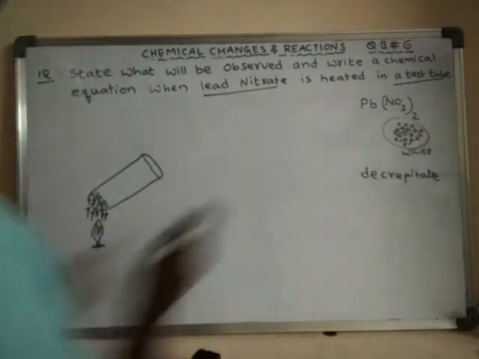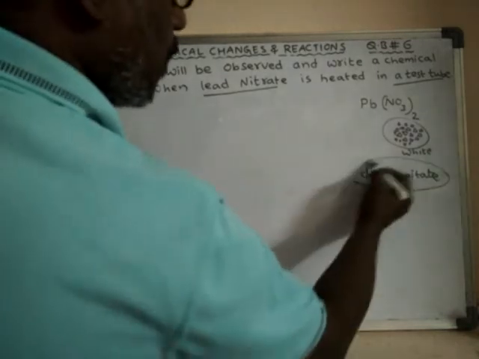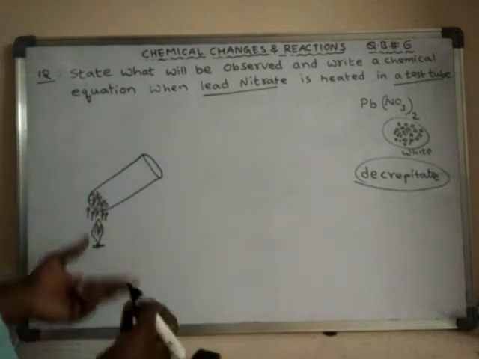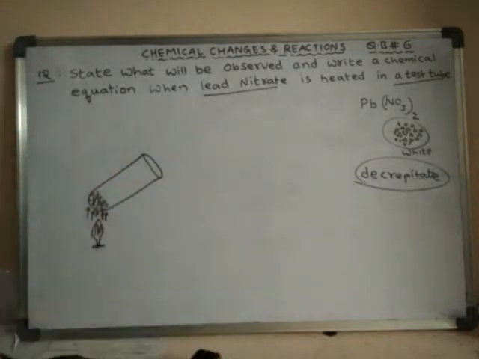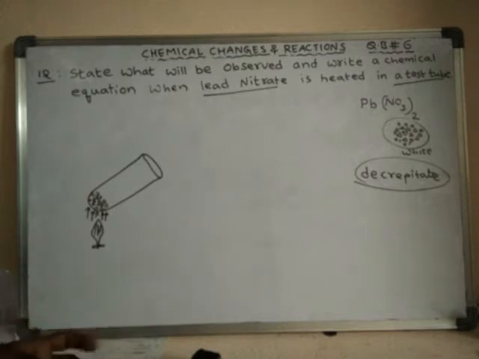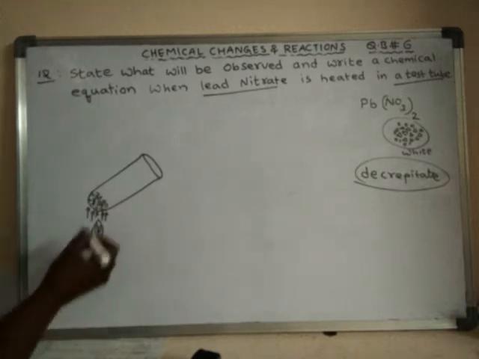The crystals of lead nitrate will break down into powder upon heating, by making a crackling noise.